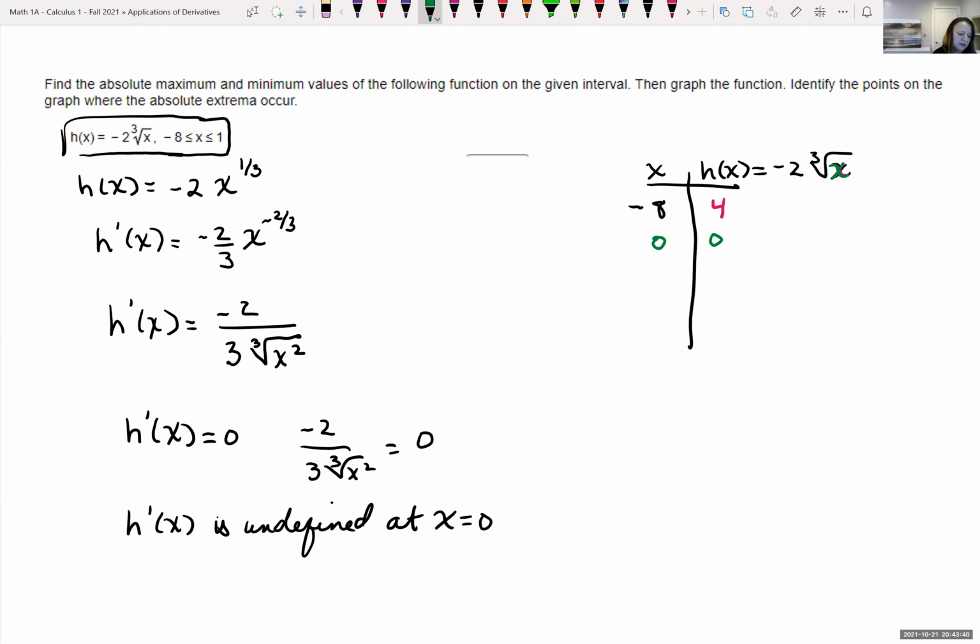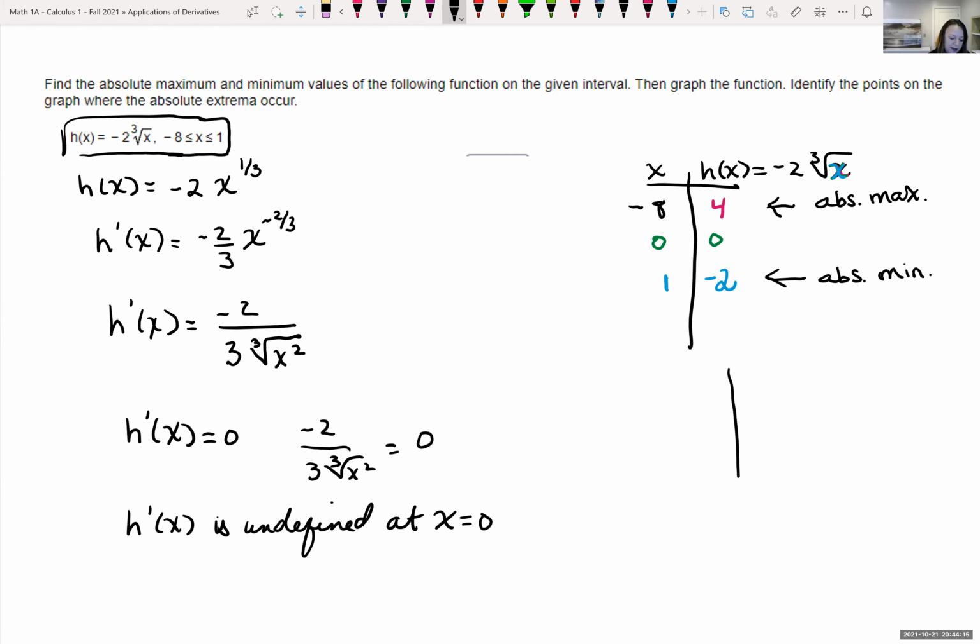And the last one, if we plug in 1, the cubed root of 1 is 1 times the -2 out front gives us -2. So we have an absolute max of 4 at x equals -8, and we have an absolute min of -2, which occurs at x equals 1.